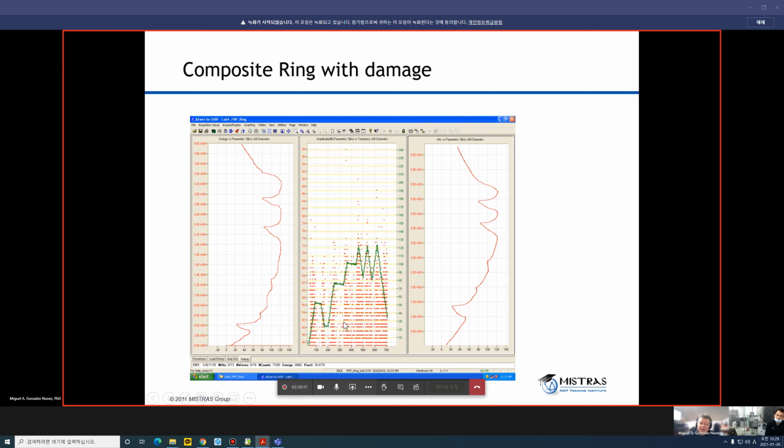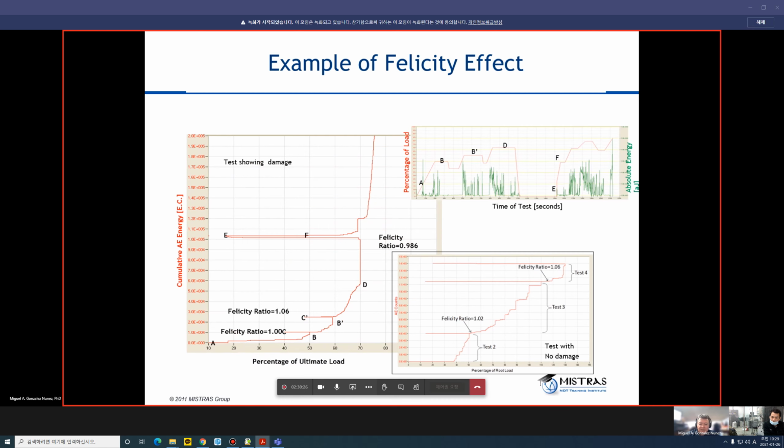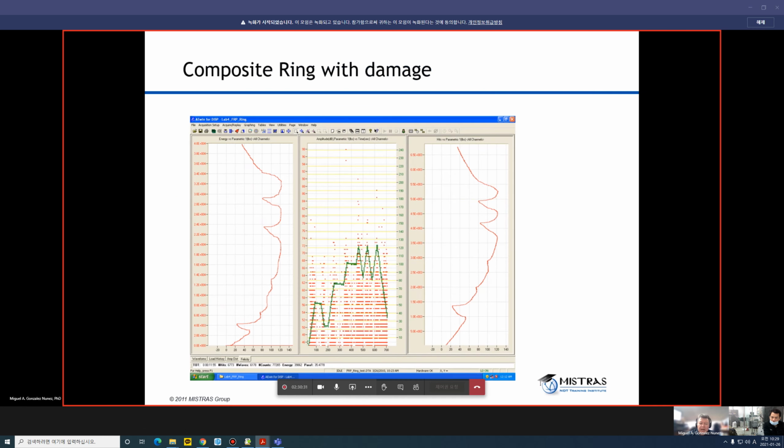It means that in this case, this composite is completely damaged. So you can see clearly the difference between a sound material that is developing damage and a damaged material. I mean, a damaged material that apparently looks in good shape to your eye, but in reality, when you test it, it's not in good condition. Okay?